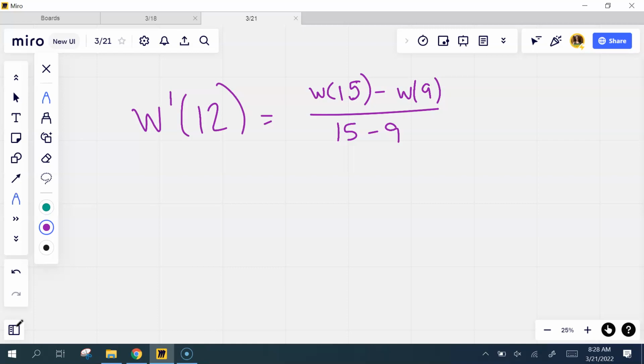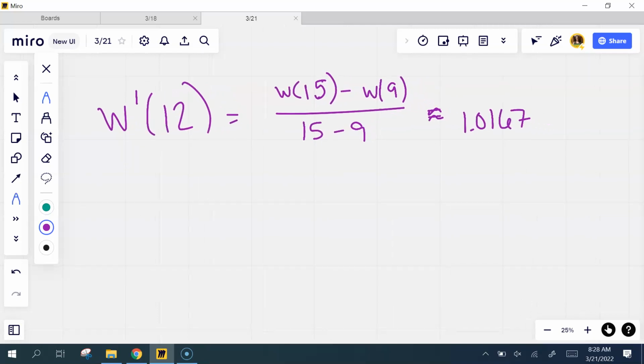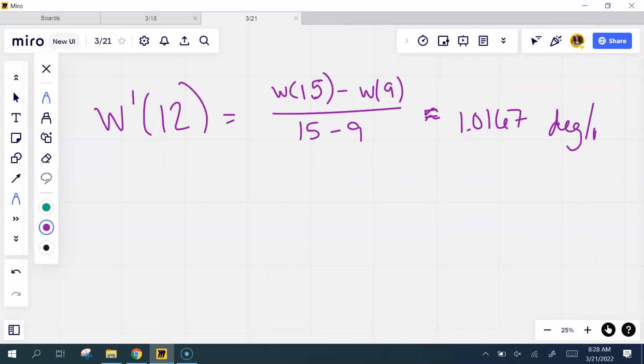When you do this, and again, this was a calculator problem, you got approximately 1.0167 degrees per minute. That was 1 point for your estimate, and you didn't have to have the units on that one because you had to explain. I put the units on mine, but yes, approximately 1.0167 degrees per minute.